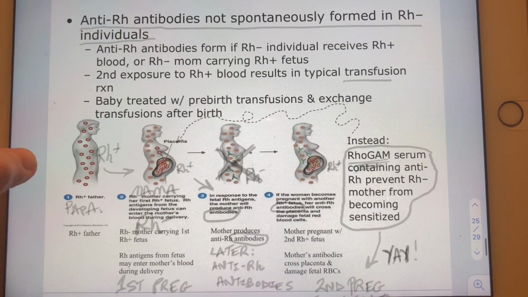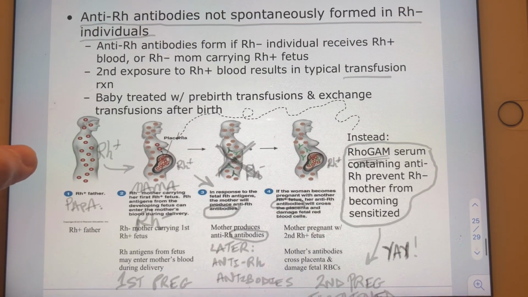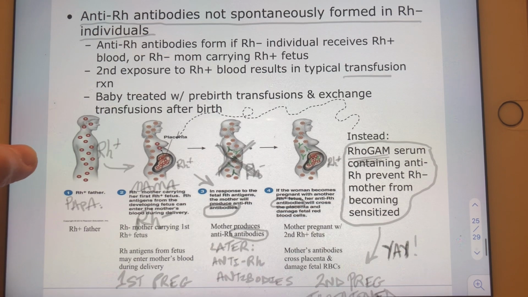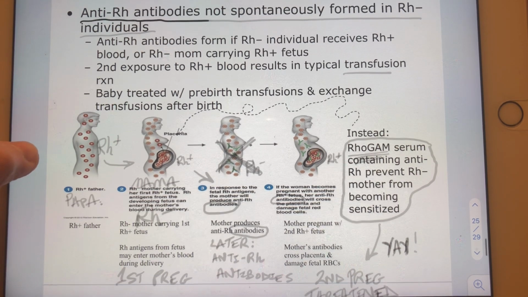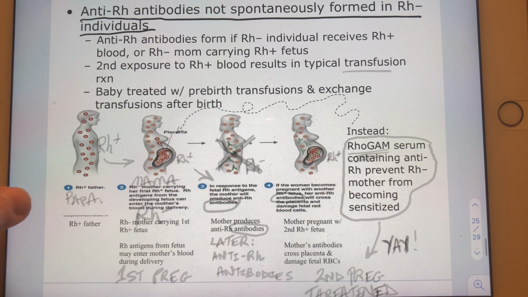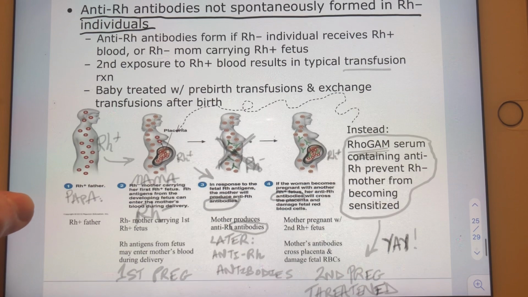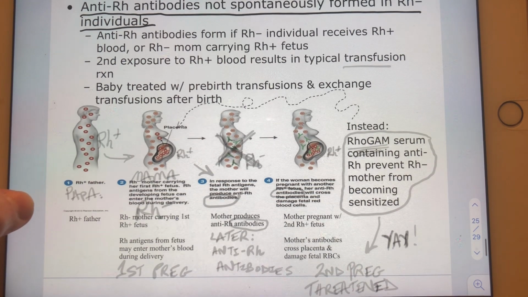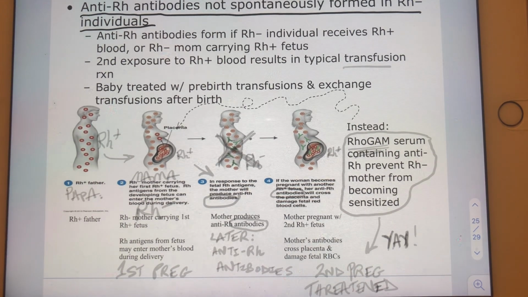Okay. So, we just established this. People that are Rh negative, they may form antibodies. However, they don't form their antibodies spontaneously.